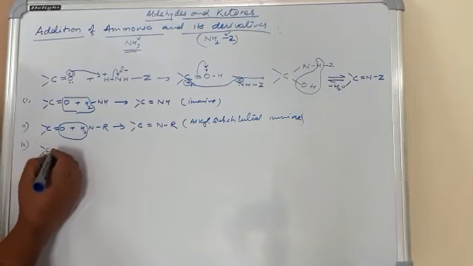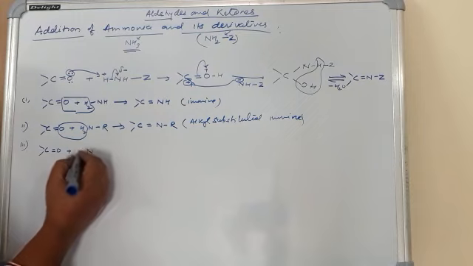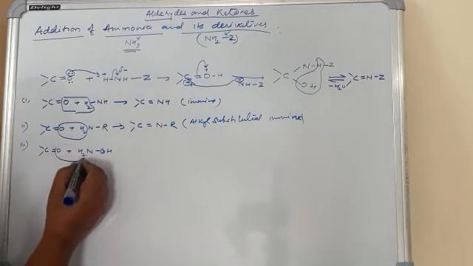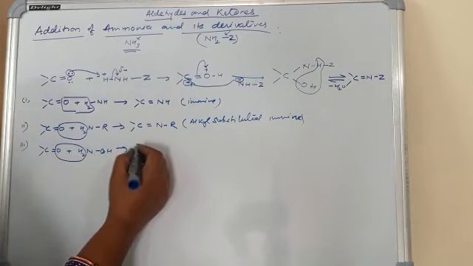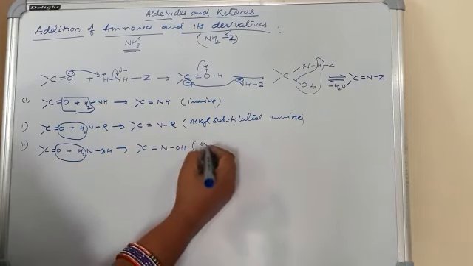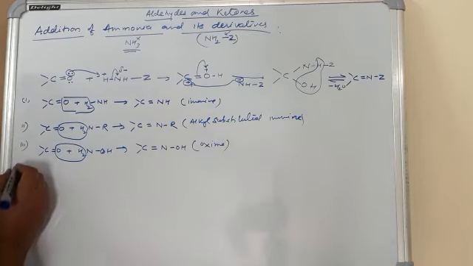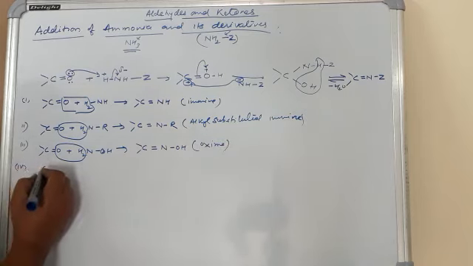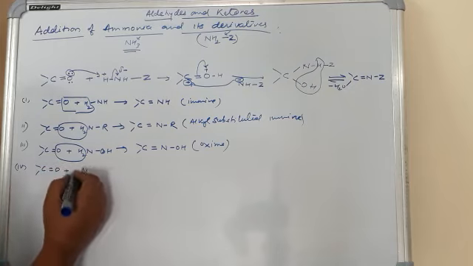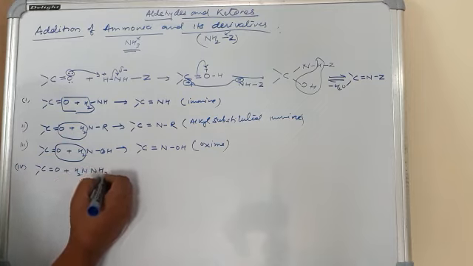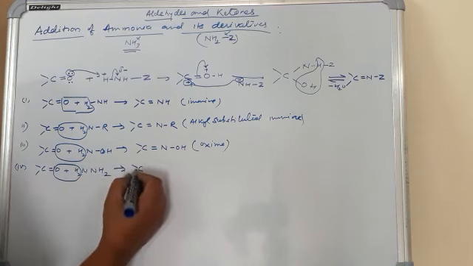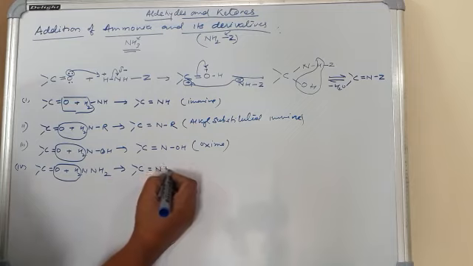When the carbonyl group is treated with NH2OH, hydroxylamine, the formation of oxime takes place. Next, when the carbonyl group is treated with hydrazine, NH2NH2, here removal of H2O takes place and the formation of hydrazone takes place.